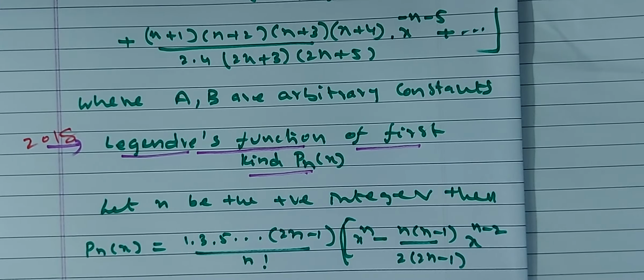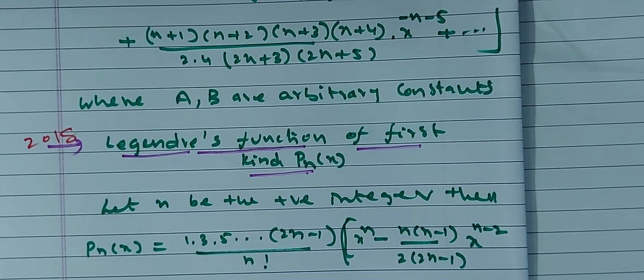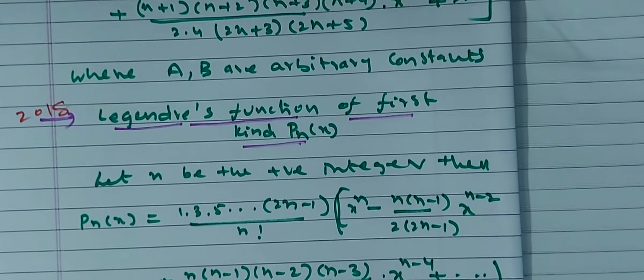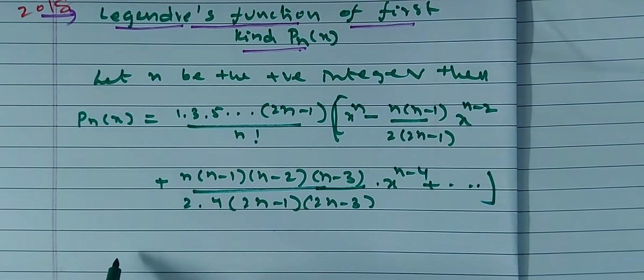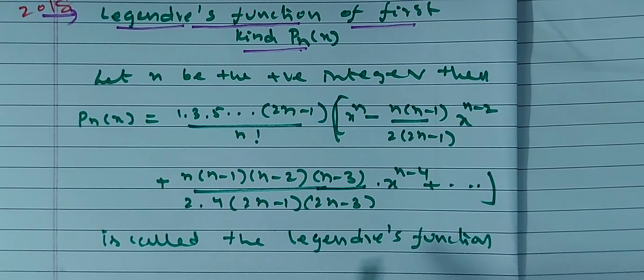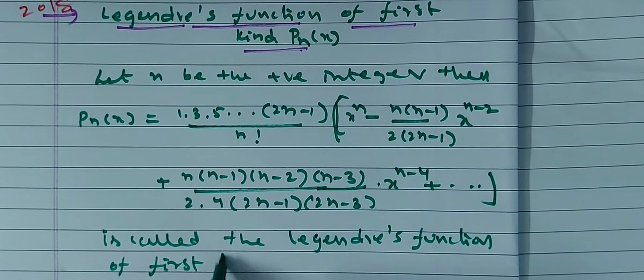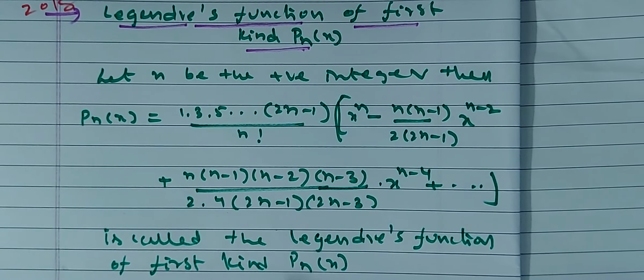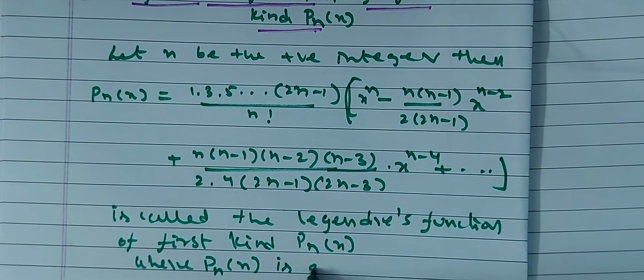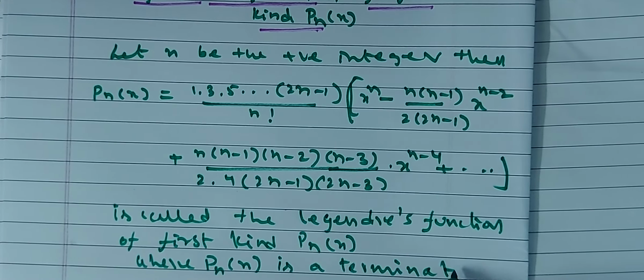Next term plus n into (n minus 1) into (n minus 2) into (n minus 3) divided by 2 into 4 into (2n minus 1) into (2n minus 3) into x power n minus 4 plus and so on is called the Legendre's function of first kind Pn of x, where Pn of x is a terminating series.